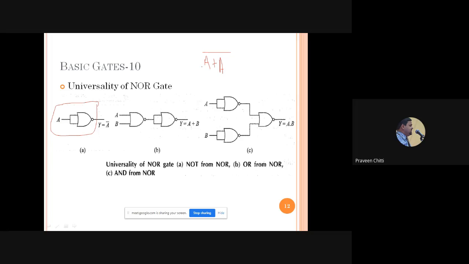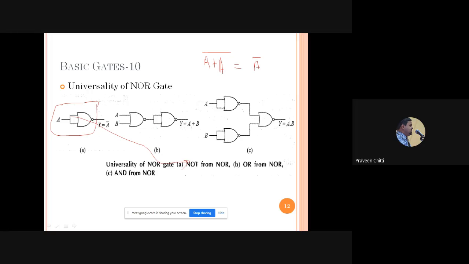Actually, NOR gate gives the complement of OR, A or A whole bar. But shortly we will be studying one property. A or A gives you what? A. So it becomes A bar. So if you give input A common to both the inputs, you will get A bar. So if you use NOR gate like this, it acts as a NOT gate.